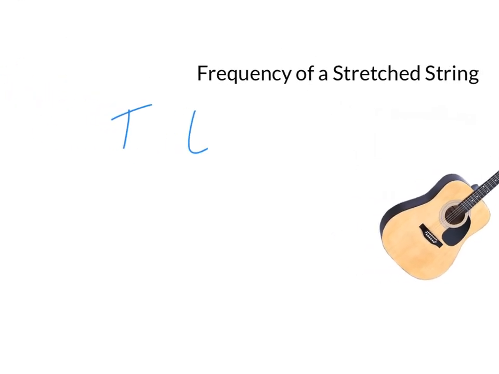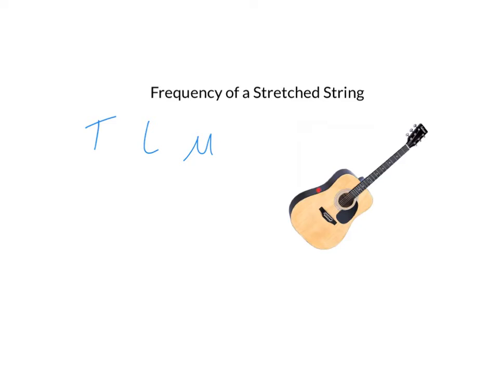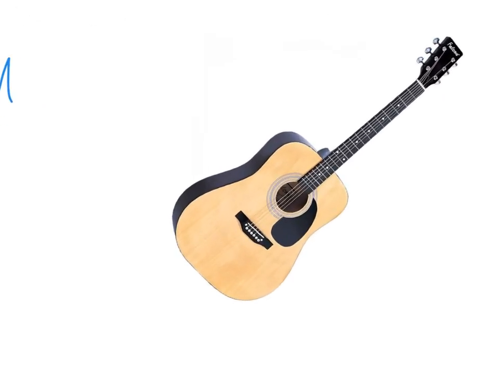So it's not directly the thickness of the strings, but a quantity that we call the mass per unit length, which just means for say a meter of it, how much mass will there be in that in grams or kilograms. So say going from these ones that are all the same length, the thicker ones are going to have a greater mass over that length, and then these thinner ones will have a lesser mass.